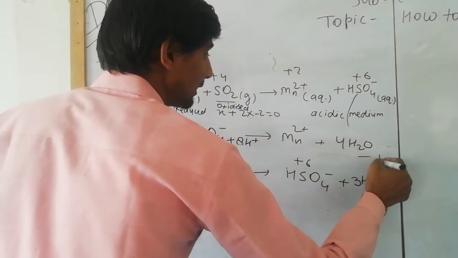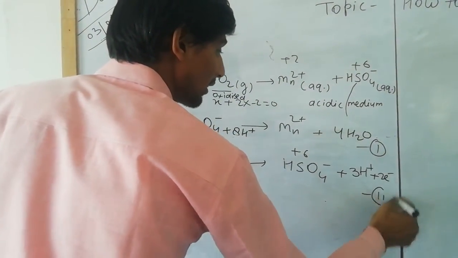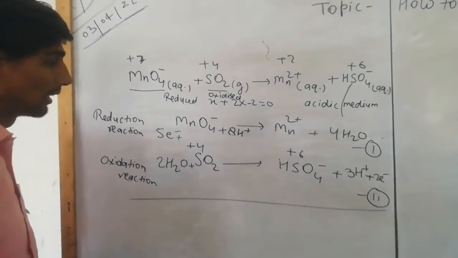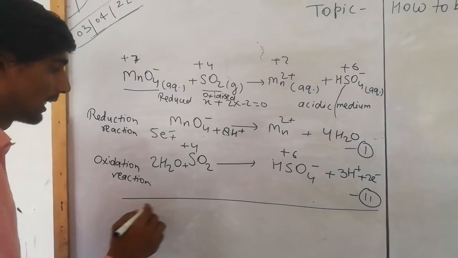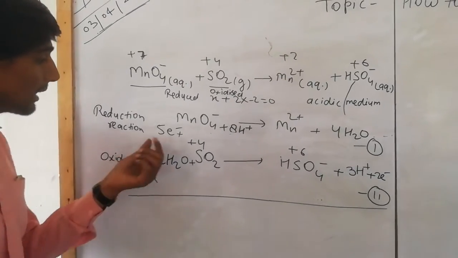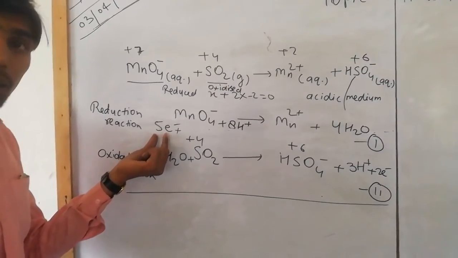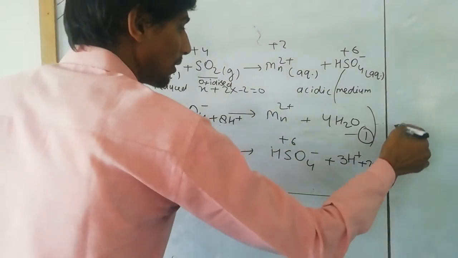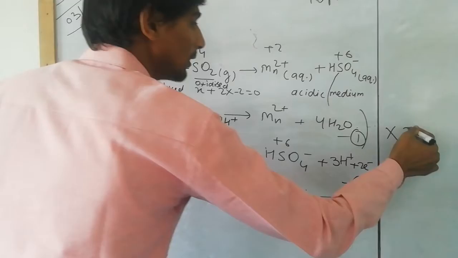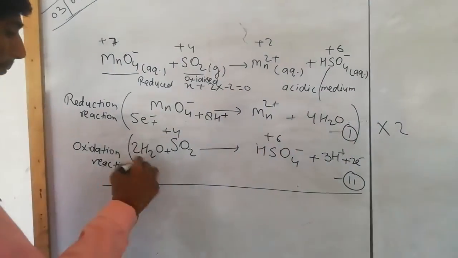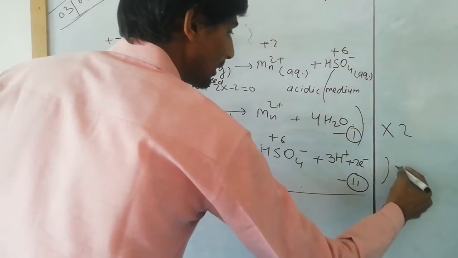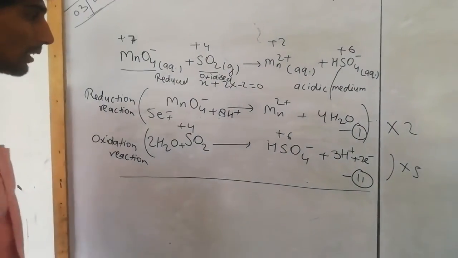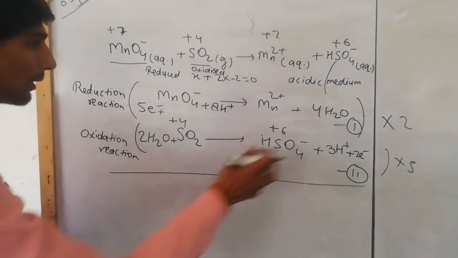Now this is equation first and this is equation second. We need to balance the complete reaction. We add equations first and second, but we cancel out the electrons. So we multiply the first equation by 2 and the second equation by 5, so that the electrons cancel each other. Then what will be the equation?